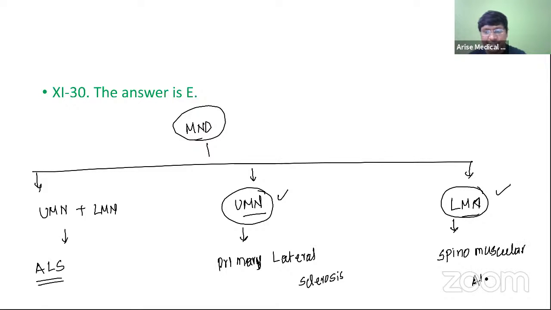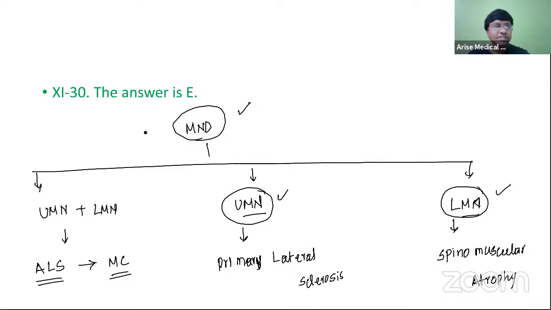Now, if the question is asked, among all these three types of motor neuron diseases, the most common is amyotrophic lateral sclerosis.